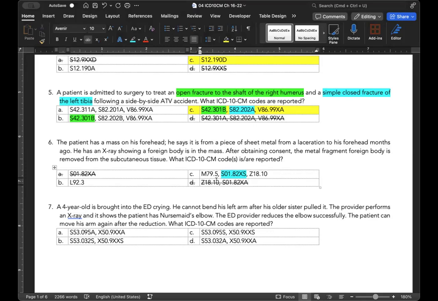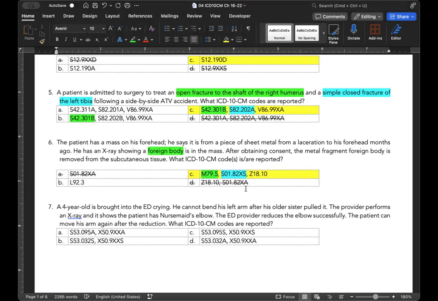And that's going to be for the residual foreign body within the tissue. So this is just another additional support telling us that letter C is our option because that residual foreign body, which is the sheet metal, that piece of sheet metal, is still within the soft tissue of the forehead. So then that's even more support to show that that's there.